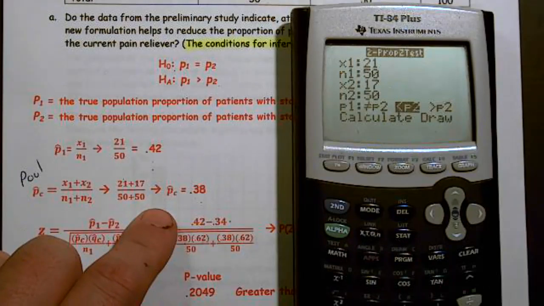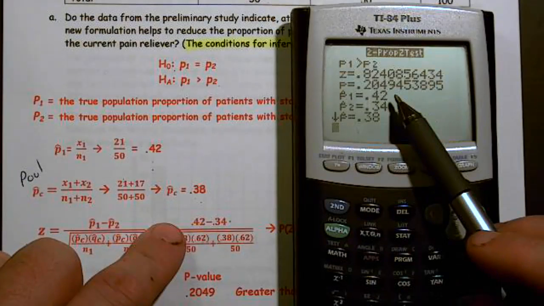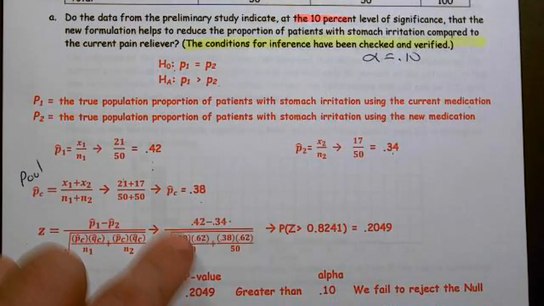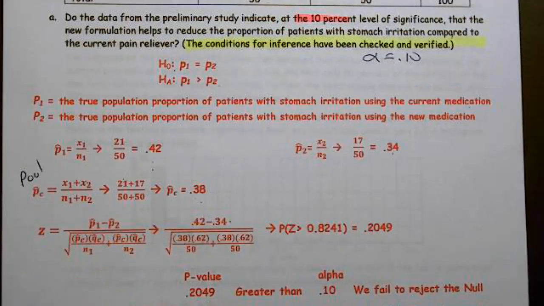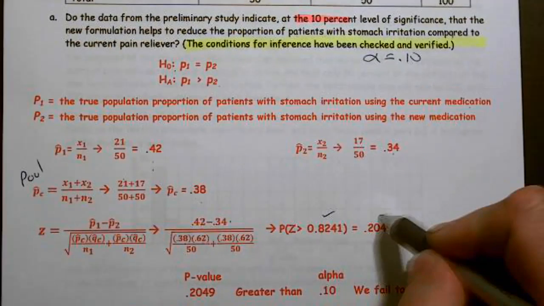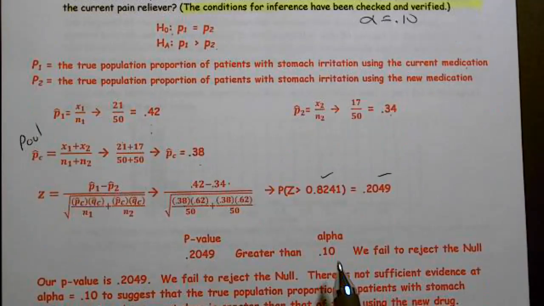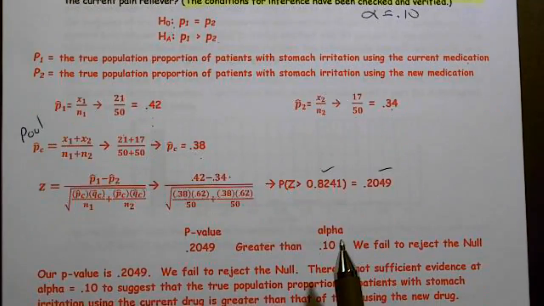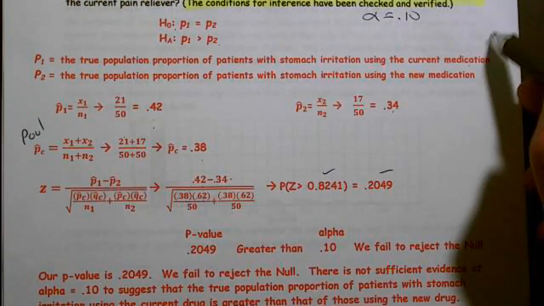We set it up with a greater than. We do a calculate. And we end up getting 0.2049. And we always have to include our z-score, which is 0.824. So we need to make sure we have this and this. So there's our p-value. It's a pretty big p-value, and it's greater than 0.10, so we fail to reject the null.